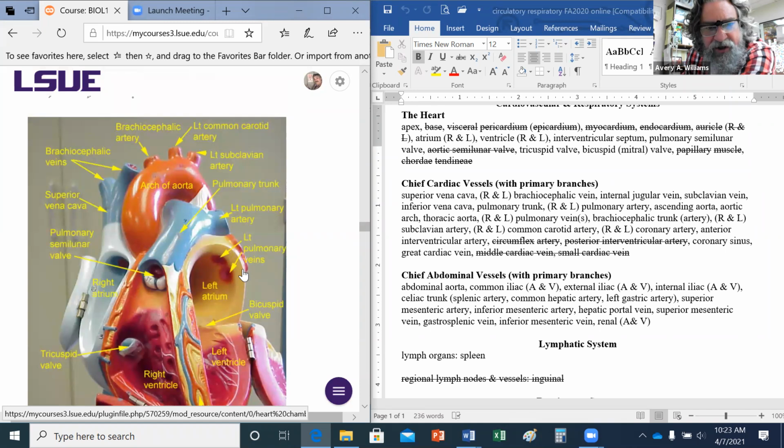So come back up here. Look, here's the left ventricle that pumps blood out, right? The left ventricle pumps oxygenated blood, and it receives its blood from the left atrium. The left atrium receives blood from the lungs, and these vessels right here are coming from the lungs. These are the pulmonary veins.